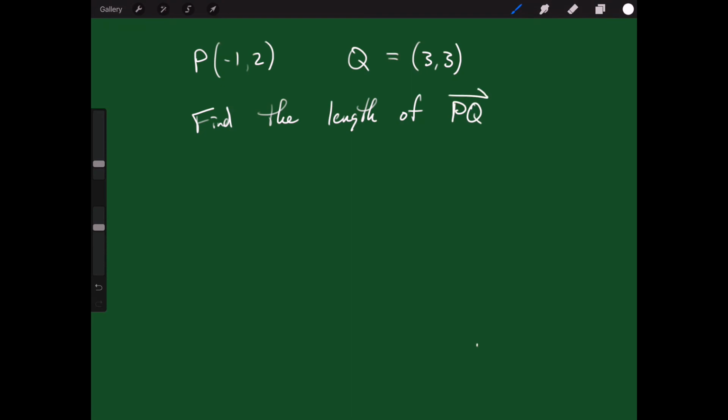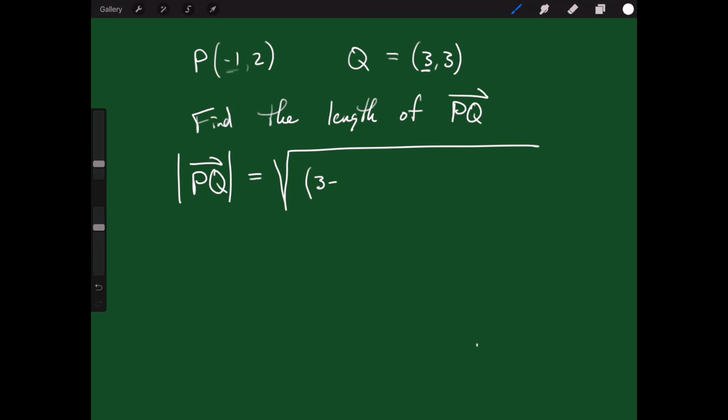In other words, the length of PQ, or the magnitude of PQ, is going to be equal to the square root of x2 minus x1. x2 in this case is 3, minus x1 is -1, so 3 minus -1, squared, plus y2, 3, minus y1, 2, quantity squared.